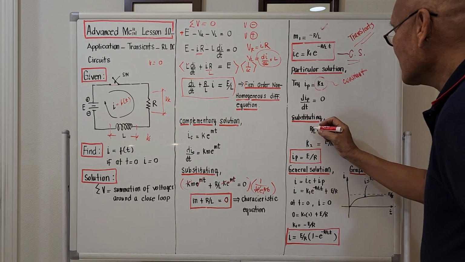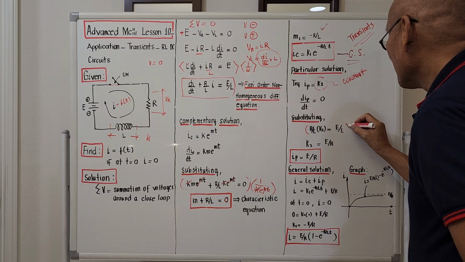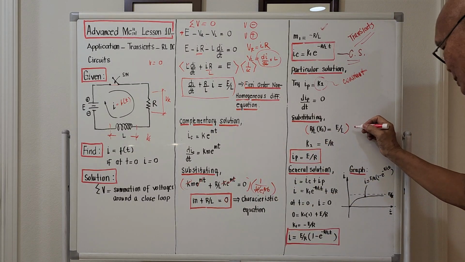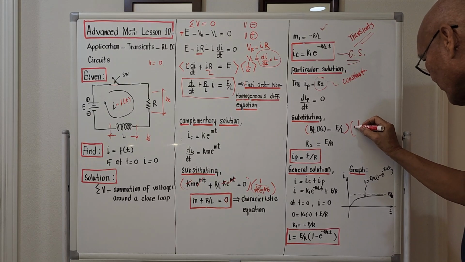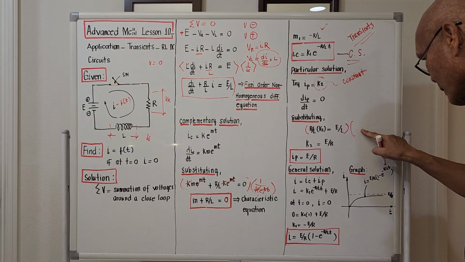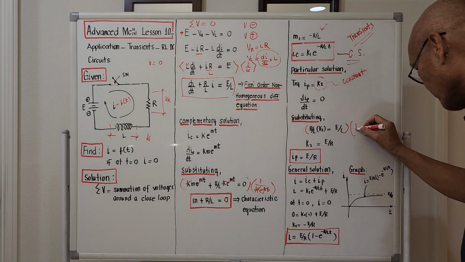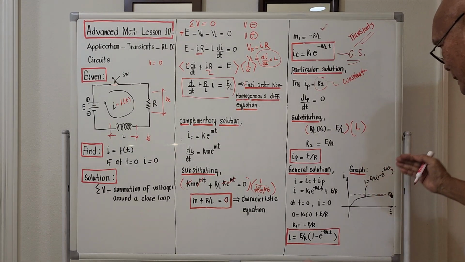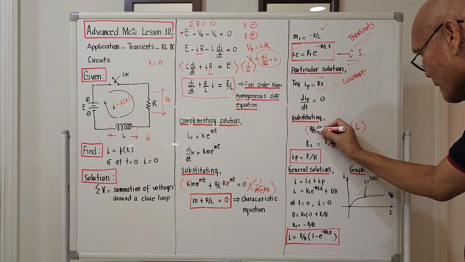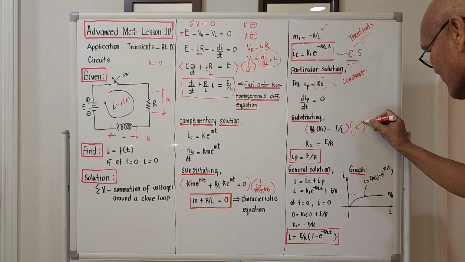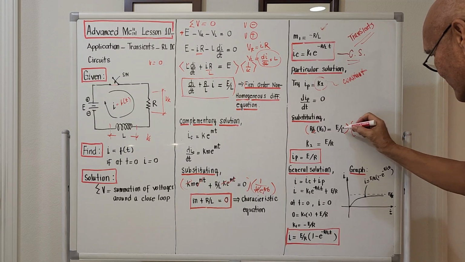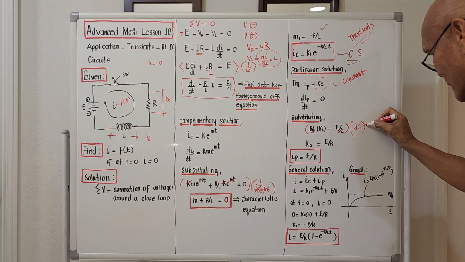There is a common term on both the left and right, so to eliminate that, we will multiply all the terms by the reciprocal of 1 over L, which is L. On the left hand side multiplied by L, this L cancels with this. On the right hand side multiplied by L, this L cancels with this.